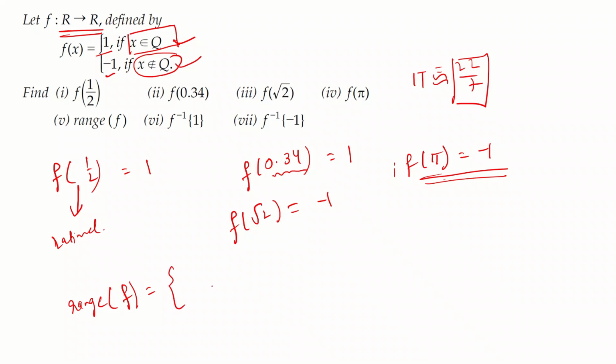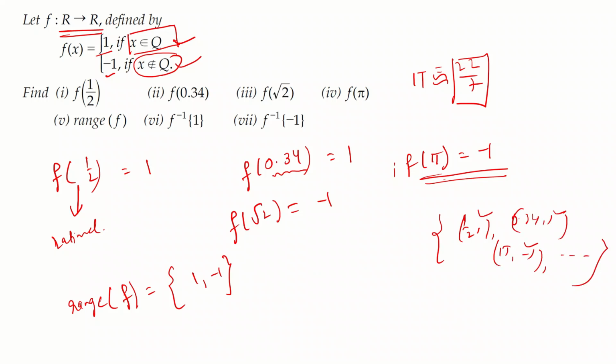So the range is 1 and minus 1, because whatever your ordered pair is, be it half comma 1 or 0.34 comma 1 or pi comma minus 1, the right hand side will be just having 1 and minus 1 every time, because there is no other possibility. So the range of a function is all those values that it can take, all the images that you can get for any value. So the range set is just 1 and minus 1 over here.